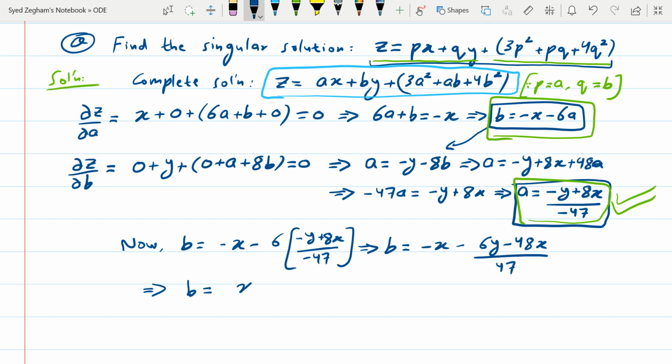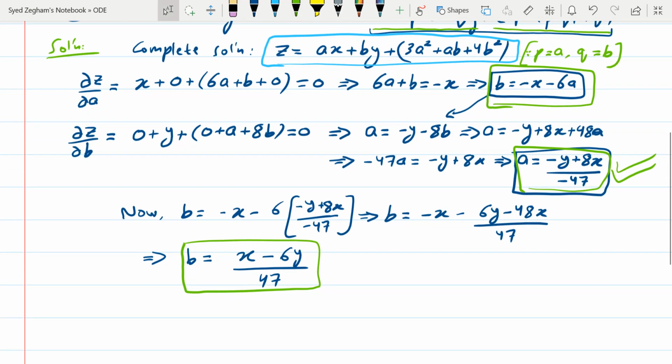So that will be single x, right? And here it will be minus 6y divided by 47, right? Okay. So you have now obtained an expression for b also, where you have represented b in terms of x and y. That's all. Our job is done.